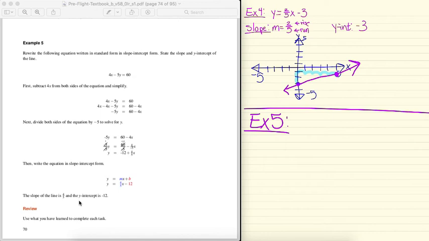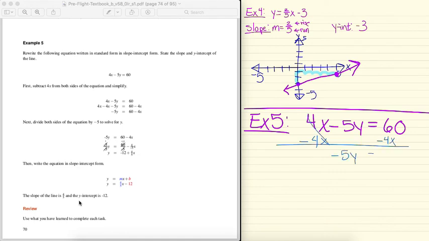So this should be a little bit of a review of the last concept, but it's 4x minus 5y equals 60. Slope-intercept form means it's been solved for y. So we want to focus our attention on getting the y term all by itself. So I have this positive 4x that I'm going to need to subtract over to give me negative 5y equals negative 4x plus 60.